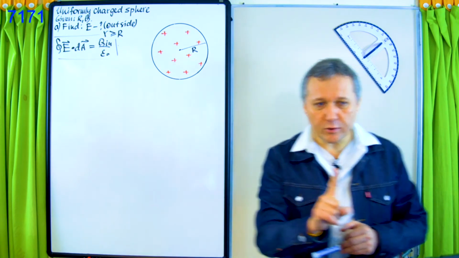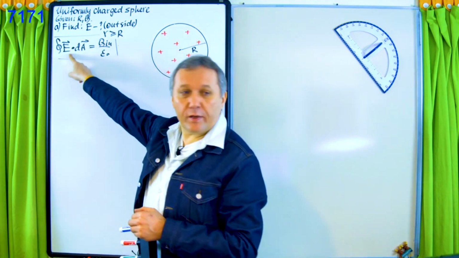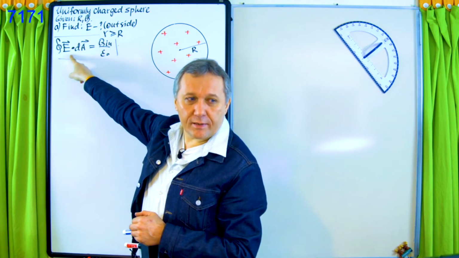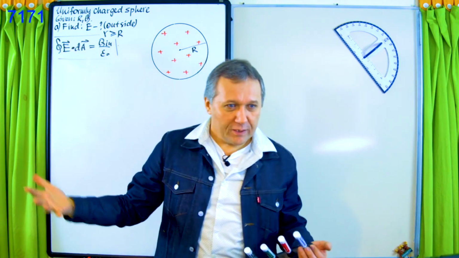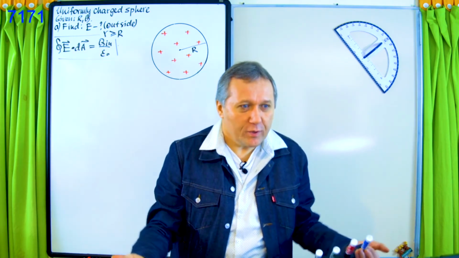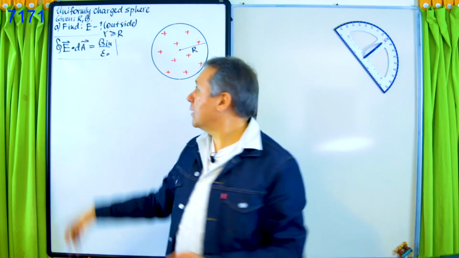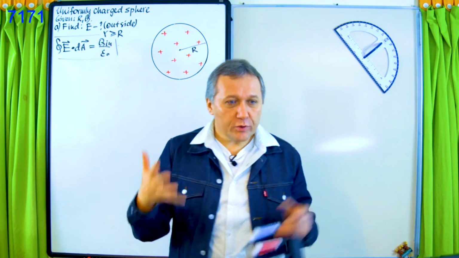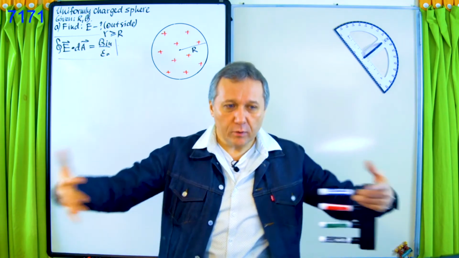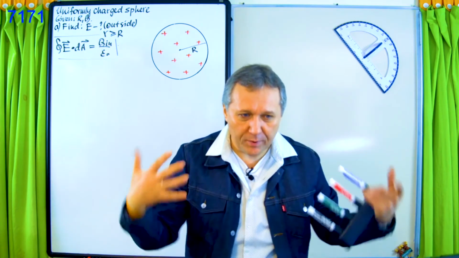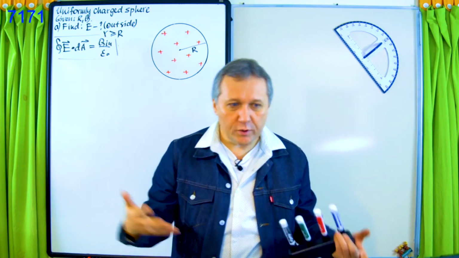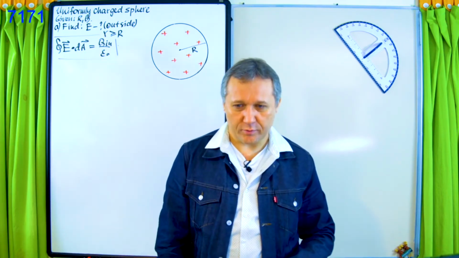Because here we must integrate over a surface. If you don't pick that Gaussian surface over which you're going to integrate, then also Q enclosed, those are the charges enclosed by your Gaussian surface. If you don't pick a Gaussian surface, you wouldn't know which charges are enclosed.